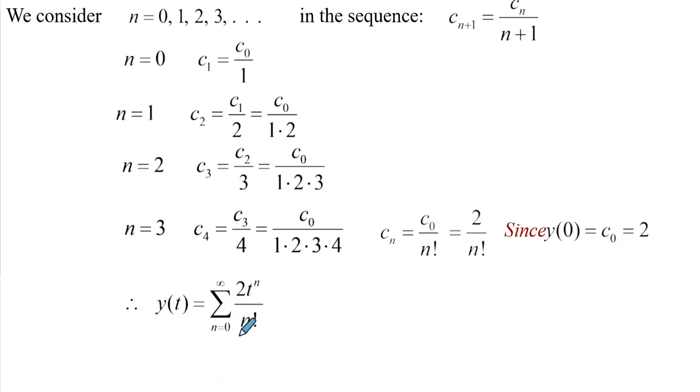And I can simplify this further, because you can see that this 2 is actually a common factor in all the coefficients. Then we can draw it outside the summation sign. Then this will look like this.